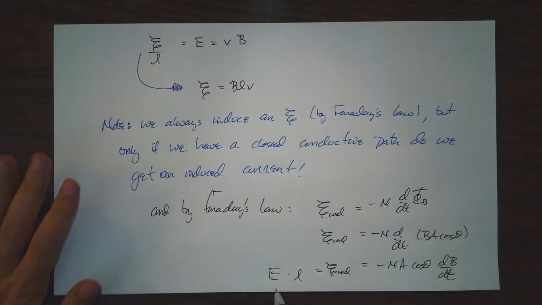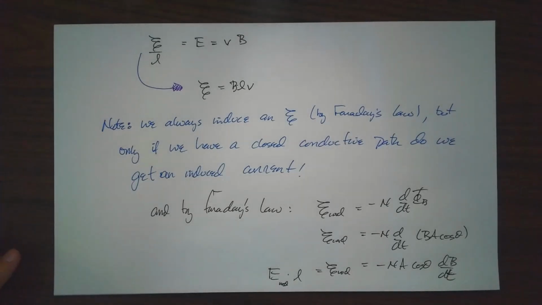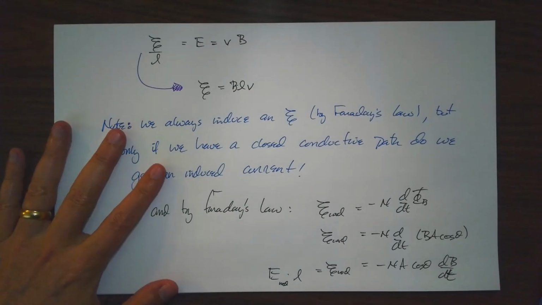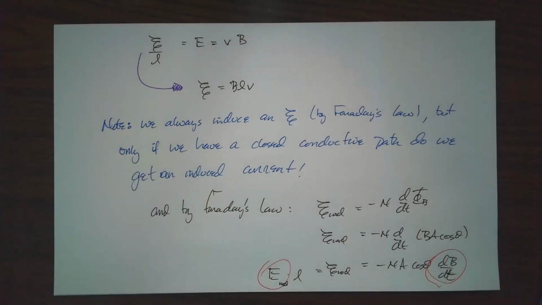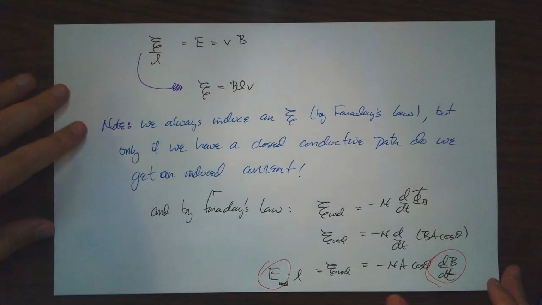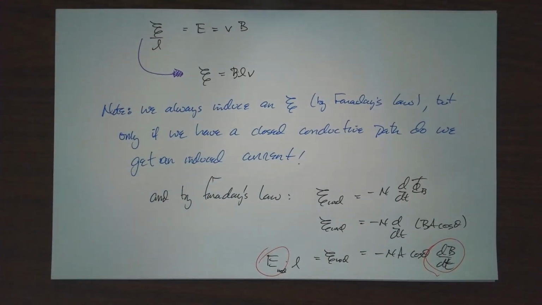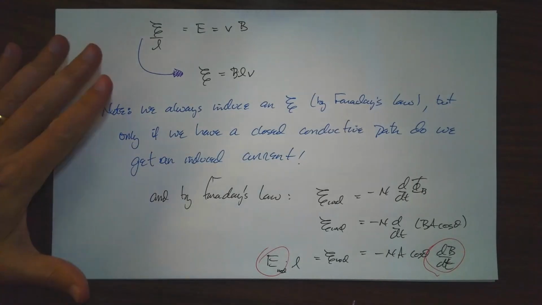So in Faraday's law, we can see that having a changing magnetic field will induce an electric field. We had to stretch a little bit to get to the E, but this is the general way that Maxwell interpreted Faraday's law. It's worth pointing out, even though we're not really going to do much with that induced electric field concept.